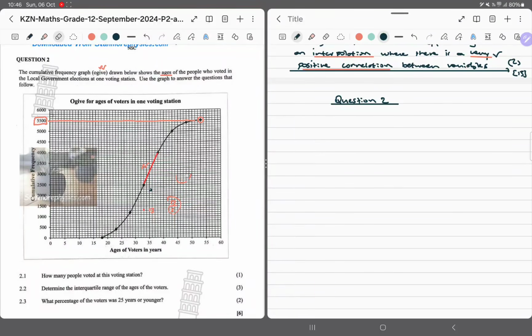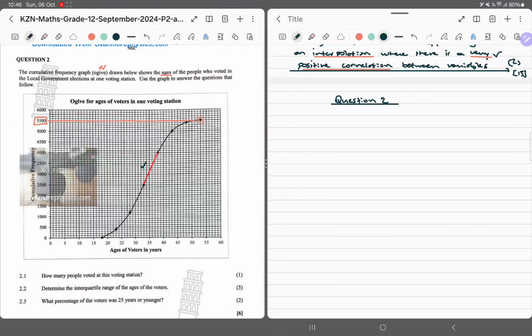So please, these things must not be missed, guys. Very easy stuff to find out, but one needs to understand how to look for them. So if at all one asks, what is the modal class? It is here, from that x value to that x value.